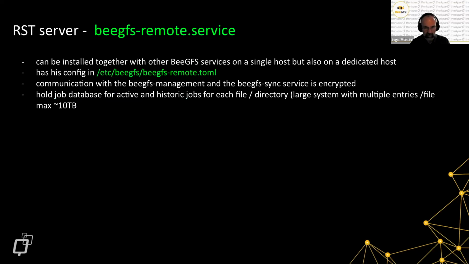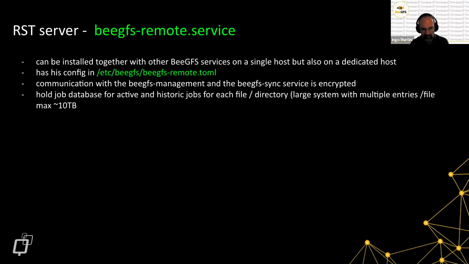The BeeGFS remote service itself is the management. For the management, we also have the possibility to store historical data about all the jobs that are done for pulling data, pushing data out, and creating stub files. All this is handled in a database that is managed by the BeeGFS remote service, and for this database we need space.